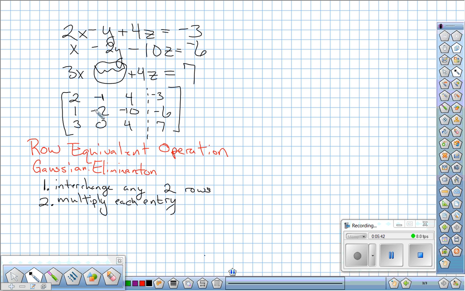Each one of these numbers is an entry, so I can multiply each entry in a row by the same non-zero constant. If I multiplied it by 0, that wouldn't work out and nothing would be happy for me.